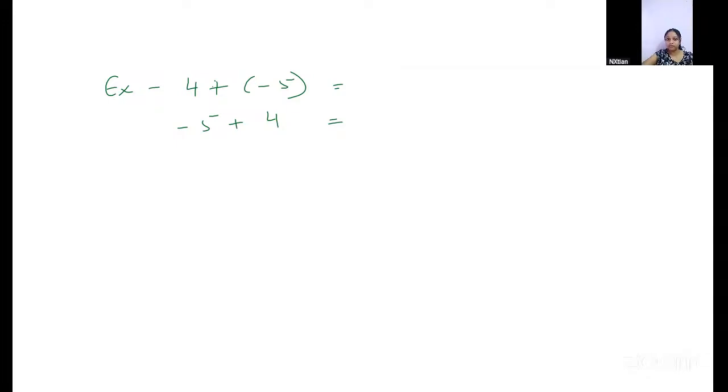Now check again, Abraham. Ma'am, the first one is -1, second one is also -1. Yes, first one is -1, second one is also -1. No, Anna, not -9. See, we evaluate the signs in between. Plus minus is minus. So we have 4 minus 5. Subtract 4 from 5, it's 1. Put the sign of the bigger number, that is minus. So -1.